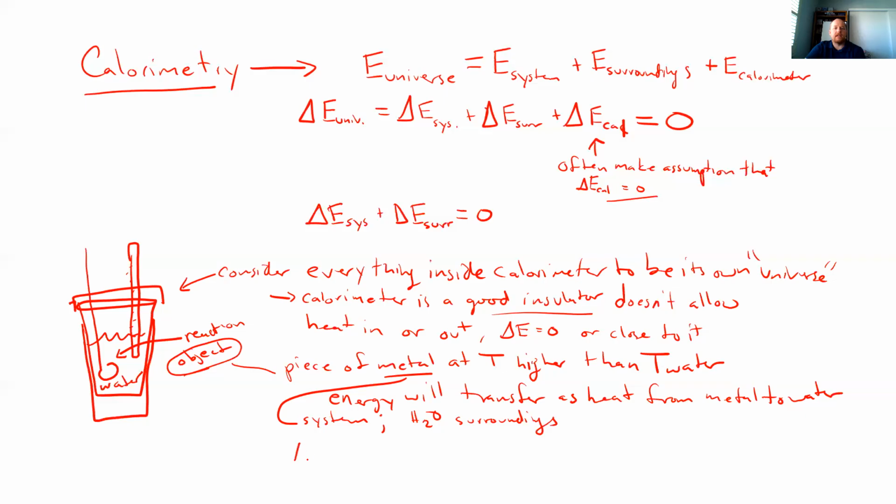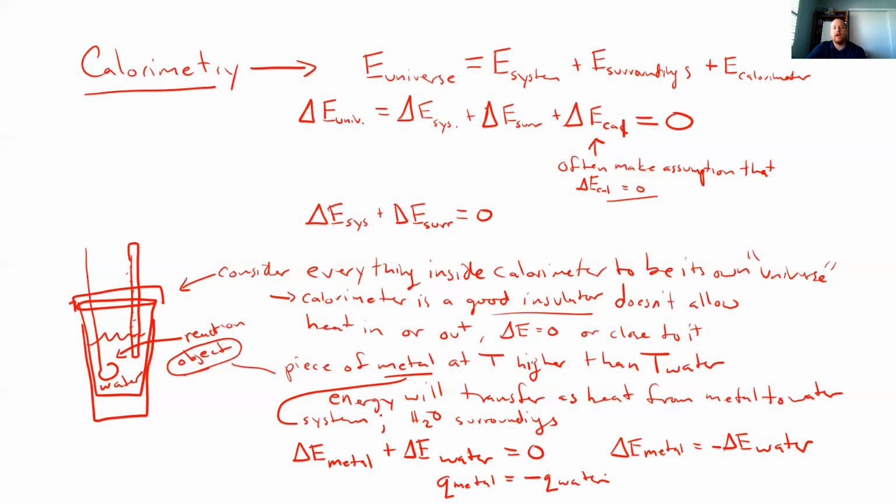In that case, we can say the delta E of the metal plus delta E of the water will equal 0, or delta E of the metal will equal negative delta E of the water. And I can even simplify this a little bit more to make it useful for us. We can say the Q of the metal is equal to negative Q of the water, right?